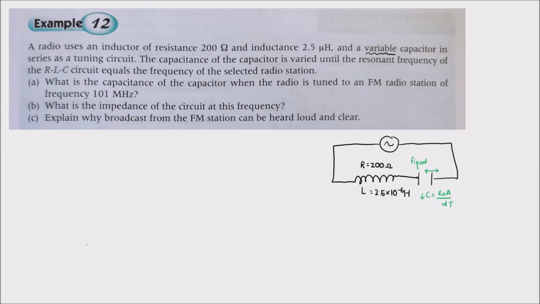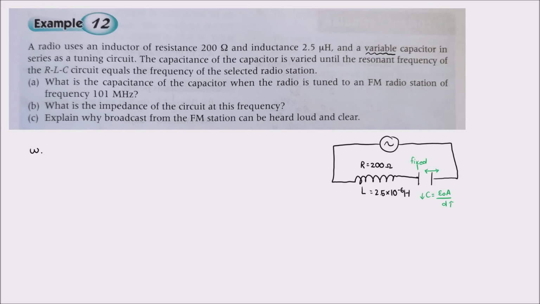What is the capacitance of a capacitor when the radio is tuned to an FM radio station of frequency 101 megahertz? In order to listen to that station, you need your resonance frequency to be at 101 megahertz.